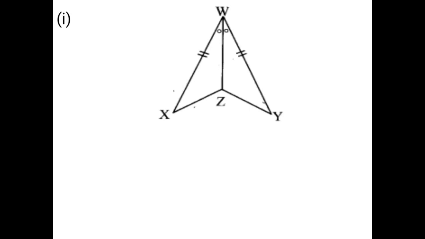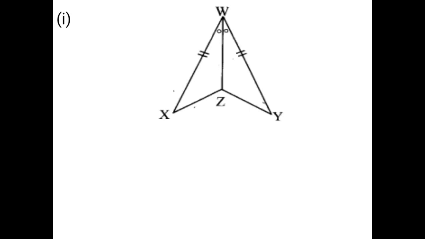After these two sides are congruent, then two angles are congruent, that is angle XWZ is congruent to angle YWZ. After these two angles are congruent, then common side WZ is congruent. Side WZ is congruent to side WZ of these two triangles.